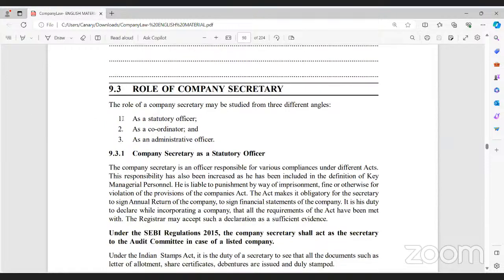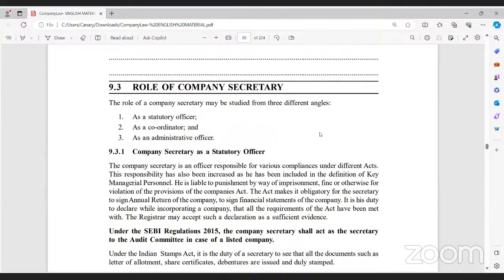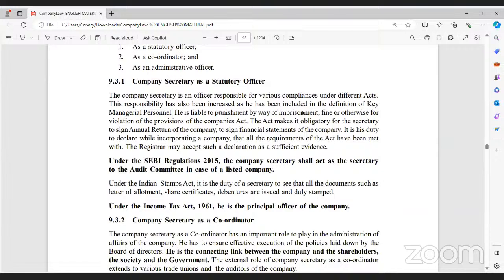His role is classified into three categories: statutory officer, coordinator, and administrator. Statutory officer in what aspect? Taking care of all the legal compliances of a company as per the Companies Act. He is responsible.